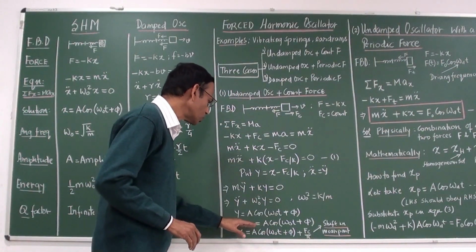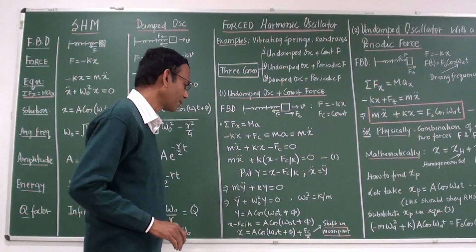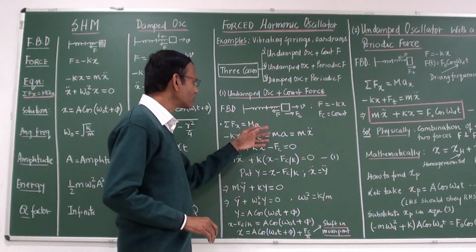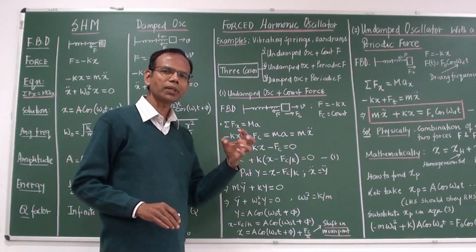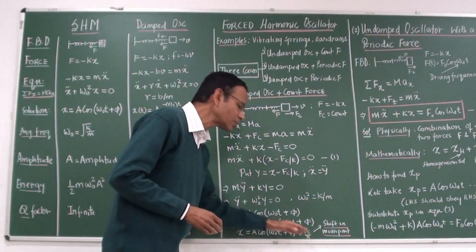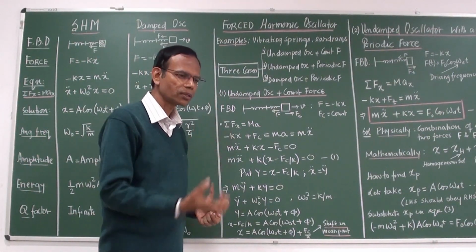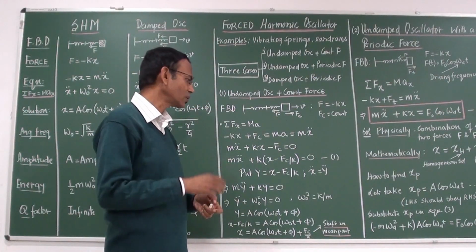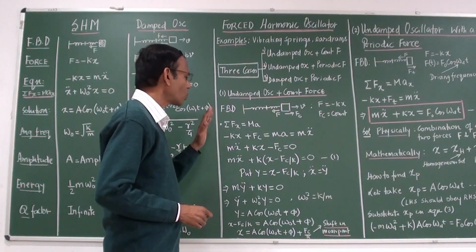So x is equal to A cos(omega 0 t plus phi) plus Fc by k. Alright. So what we see here is that if we add a constant force, then because of that constant force, the whole system shifts by Fc by k, that is by a constant. That means you can say the mean position of the simple harmonic motion will shift by a constant in the direction of the force. So that is the effect of the constant force.